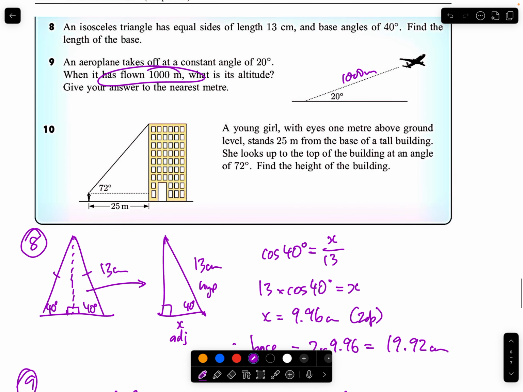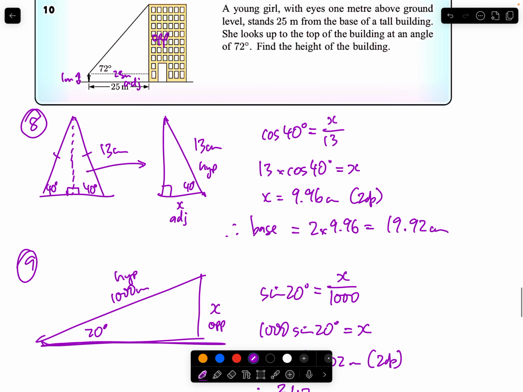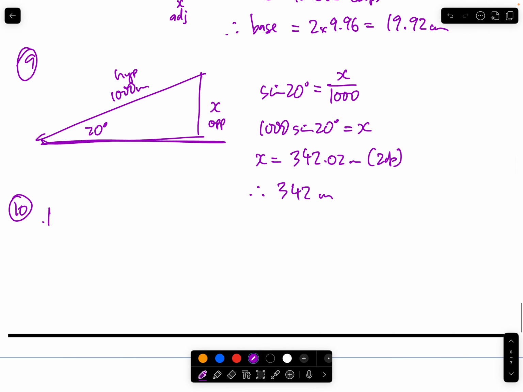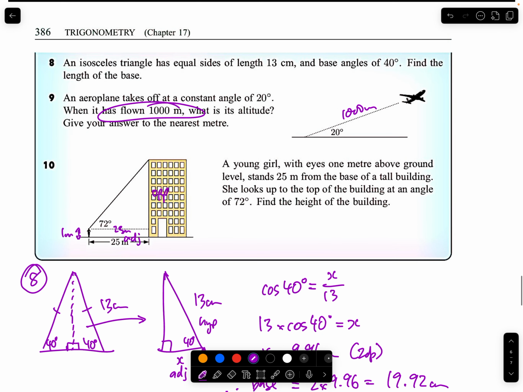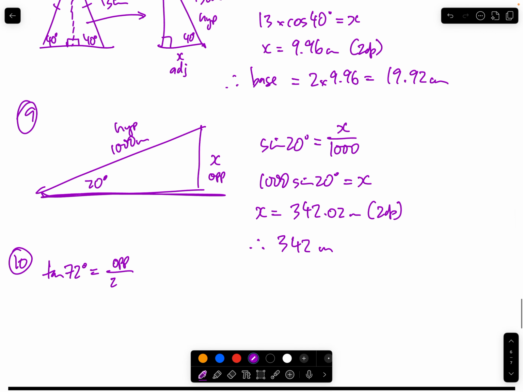10. Young girl, eyes 1 meter above the ground. Stands 25, so let's just do 1. So this is 25 in the triangle, not 25 degrees, 25 meters. This is opposite, that's adjacent. Tan 72 degrees is equal to opposite over adjacent, which is 25.